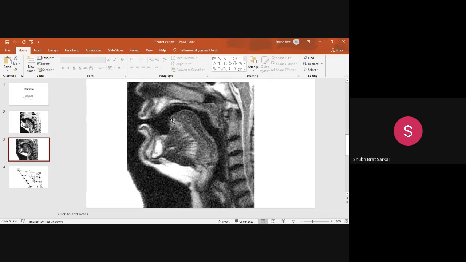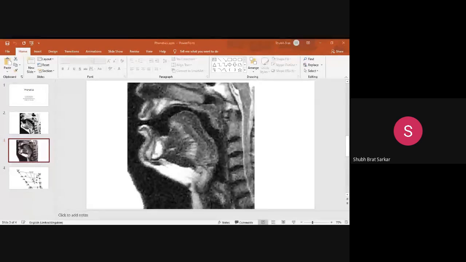In English RP, we have 7 short vowels, while there are 5 long vowels. All these 12 vowel sounds are essentially monophthongs. So we must remember this.